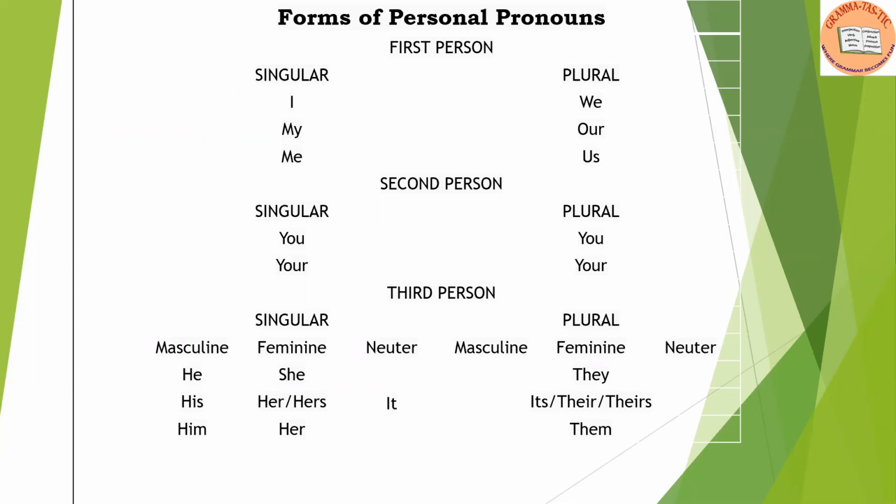Third person has he, she, and it. He stands for masculine, she stands for feminine, and it stands for neuter. But for all these masculine, feminine, and neuter, the plural becomes they. The second word, his, her, or hers, in the plural becomes their or theirs. Him, her becomes them. So these are the forms of personal pronouns.